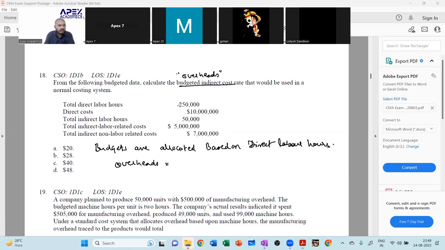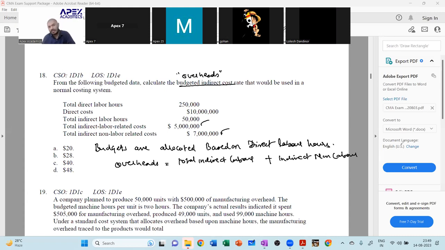What are your overheads? Your overheads here are 50 lakhs and 70 lakhs. So they are total indirect labor. Indirect labor is an overhead, and total indirect non-labor. So indirect non-labor can be indirect material, it can be factory rent, warehouse rent, depreciation on machinery.